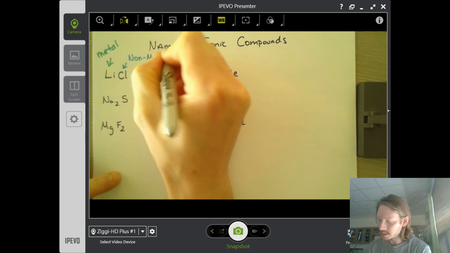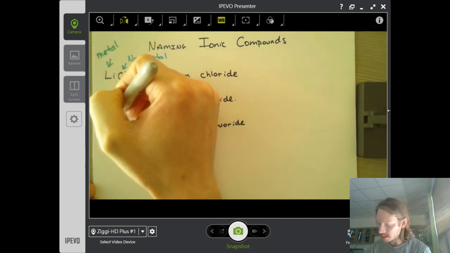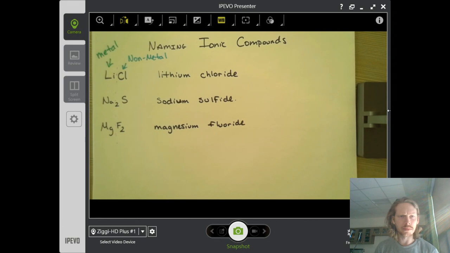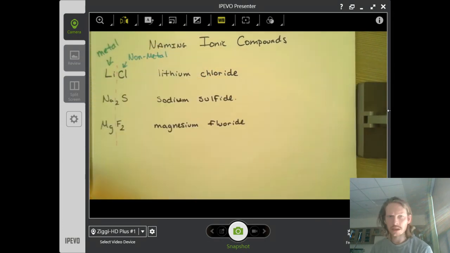We can draw this line right down the middle: metal on one side, nonmetals on the other. So this is ionic compounds, metal and non-metal, on both sides of the staircase. That's how we know. The metals come first, followed by the non-metal, which is nice because on our periodic table, that's left to right as well, the way we usually read.